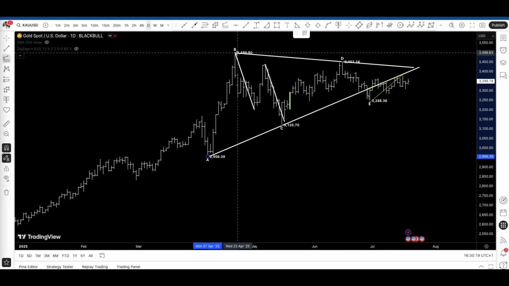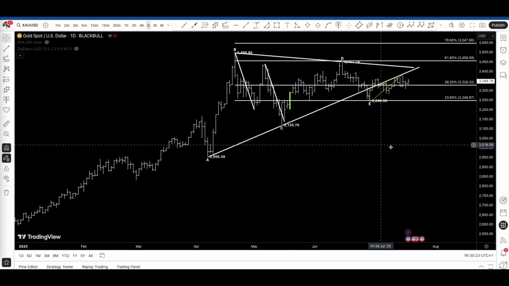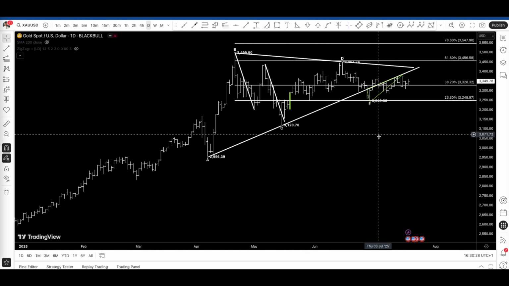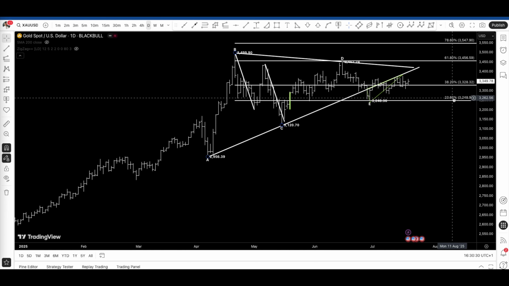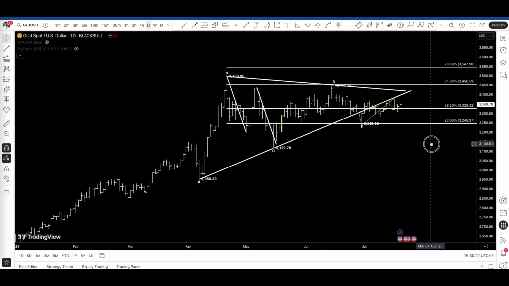Now that I have this pattern, I'm going to take these levels and set the Fibonacci ratios, with some Fibonacci derivative numbers. In this case, I use the 23, 38, 61, 78, and then the 100 that should be somewhere on the top as well.